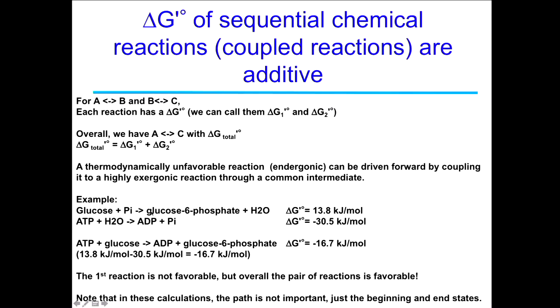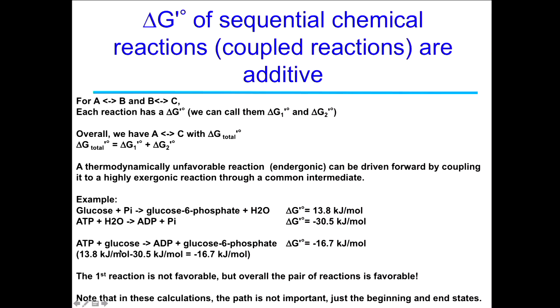But you also notice that I didn't say how this happened. I didn't draw you an enzyme. I didn't give you a reaction and all that other stuff. Basically, I just said we're going from glucose and inorganic phosphate to glucose 6-phosphate. I didn't say how, so the path is not important.